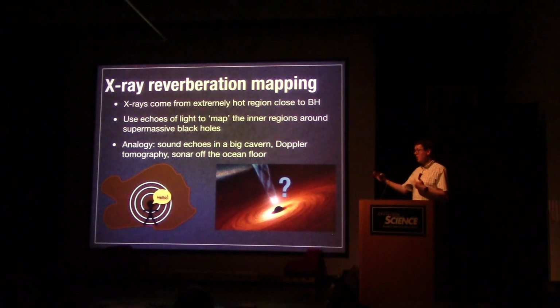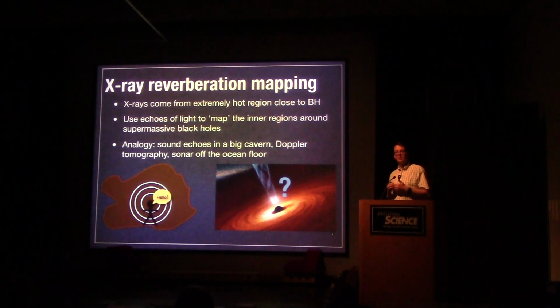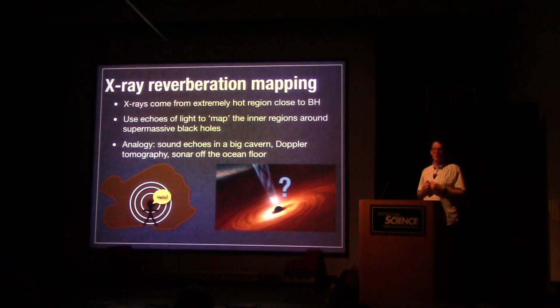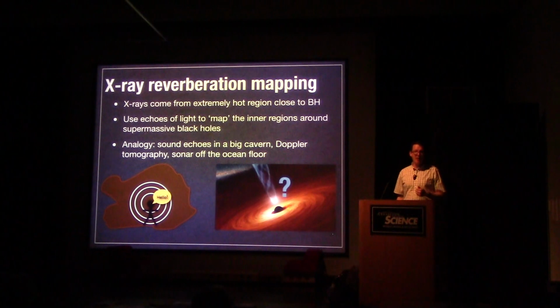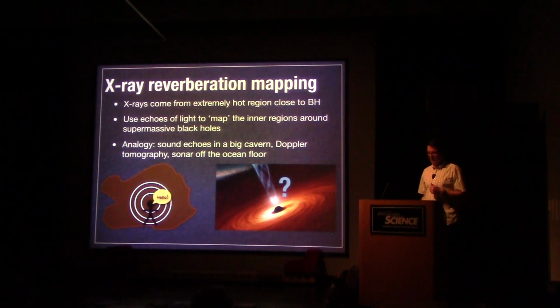You can figure out, by looking at an echo, how far away it is if you know how fast the signal is traveling. Right? So here we're looking at X-rays, so the signal travels at the speed of light. So we know the speed the signal is traveling at, and so we just have to be able to measure the time delay between light coming from this region here that shines down on the disk and light that reflects off this accretion disk.